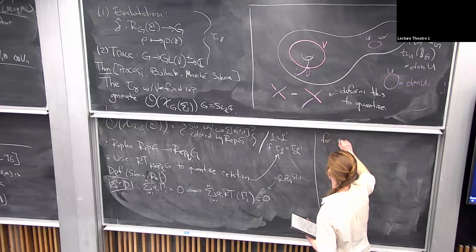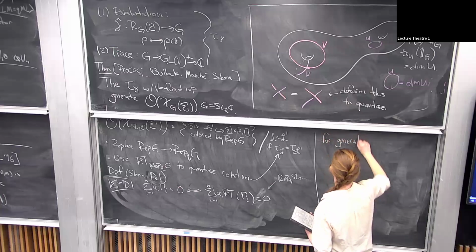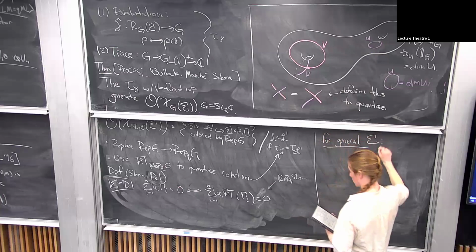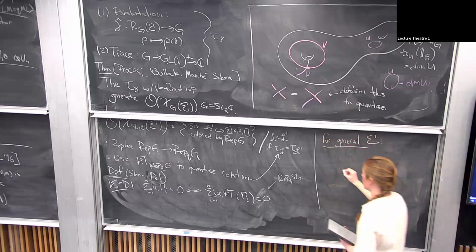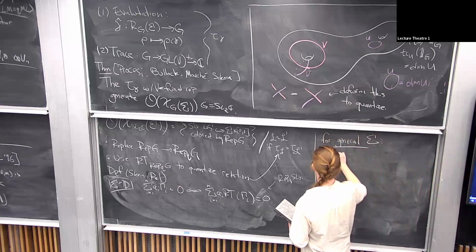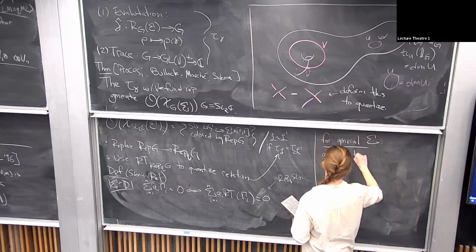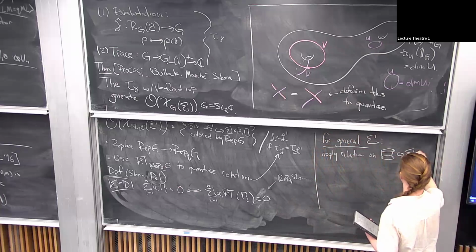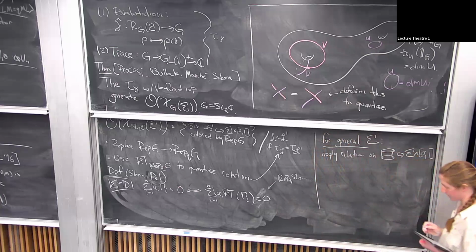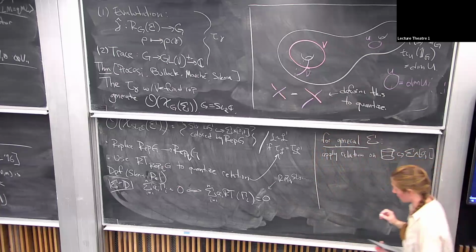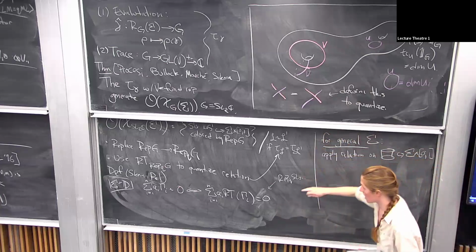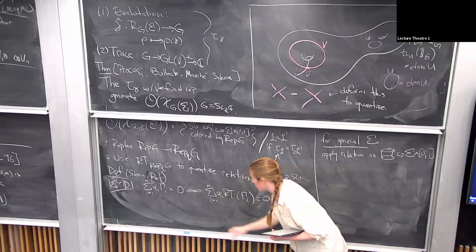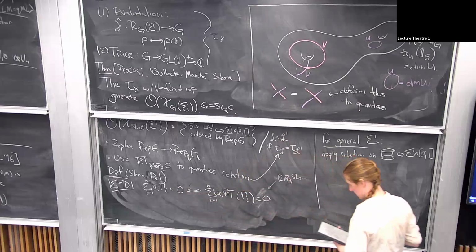Next, for a general surface, what I'm going to do is apply the relation anytime I have this thickened disk embedding in my surface. So I'm going to apply it here. Okay. So these are my relations, right? This is the equivalent of this relation here.